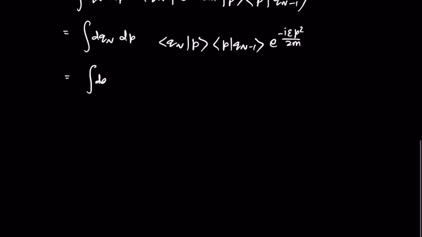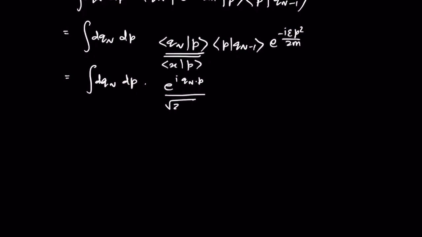This is solved by the standard quantum mechanics result. The position and momentum eigenstate inner product ⟨x|p⟩ is e raised to the power of i q_n times p, divided by root 2 pi.